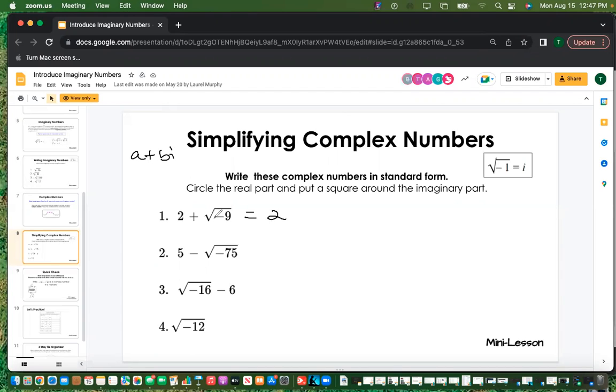And then I want to simplify this and rewrite it in terms of i. So I know that there's going to be an i. And what's the square root of 9? 3. So this is going to be 2 plus 3i. Again, hopefully nothing too crazy. We're just simplifying it, kind of rewriting it.